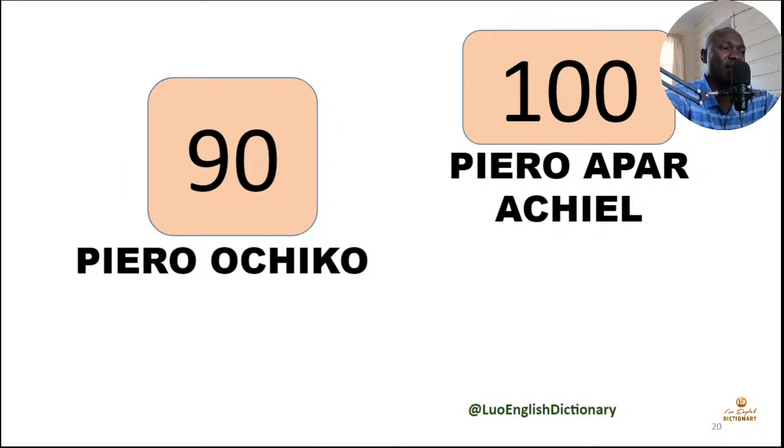So the decimal, how do you introduce the decimal? Anybody, if you have an idea of how to introduce the decimal, please help us out. 3.5, 3.6, 3.7. How do you say that?